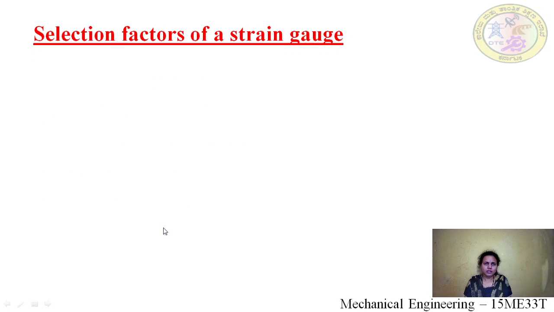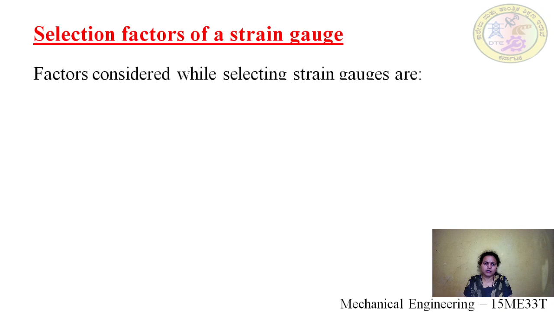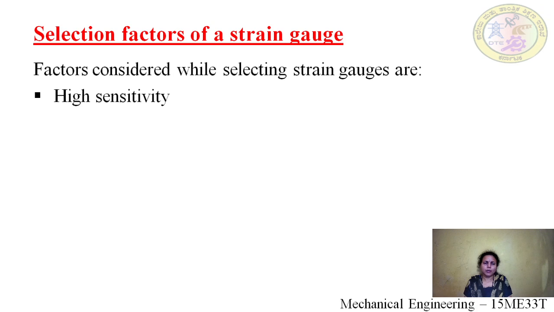Okay. Next we shall see the factors which are considered for the selection of strain gauges. The first factor is high sensitivity. In order to select the strain gauge, it should have high sensitivity. For a small input, it should be able to give an output.